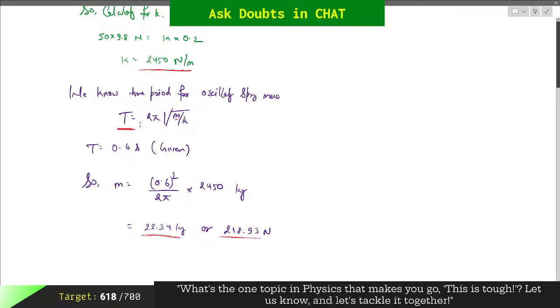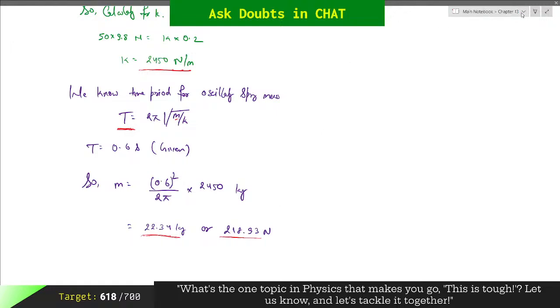So given T equals 0.6 second, we know the formula for T, the time period in the case of spring balance, is 2 pi times under root m by k. Here m is the mass of the body. Now for this mass that is being weighed, time period is 0.6, and we know the value of k, so we can easily find out the value of m. Now finding the value of m, we get 22.34 kg, or it can be written as 218.93 Newton.